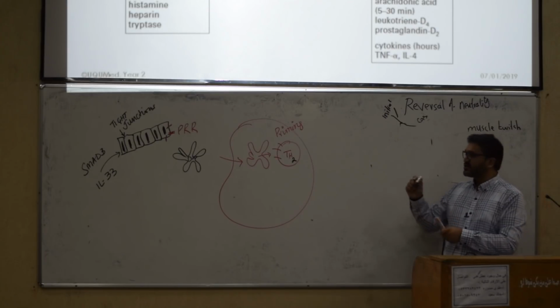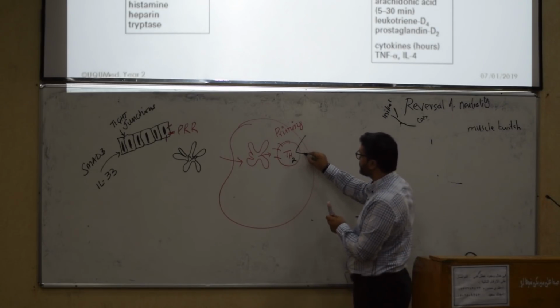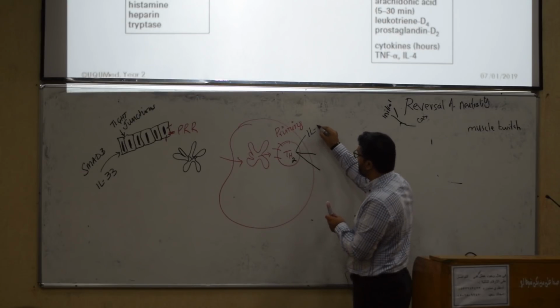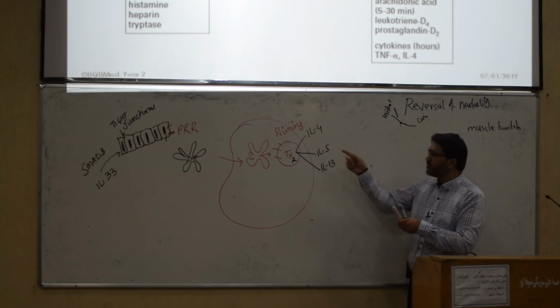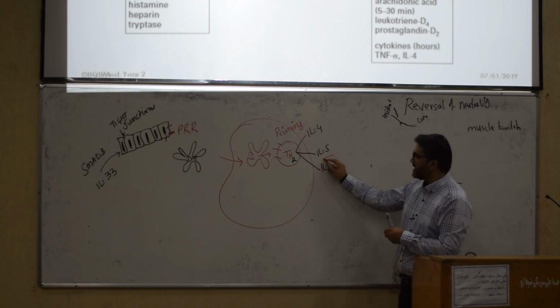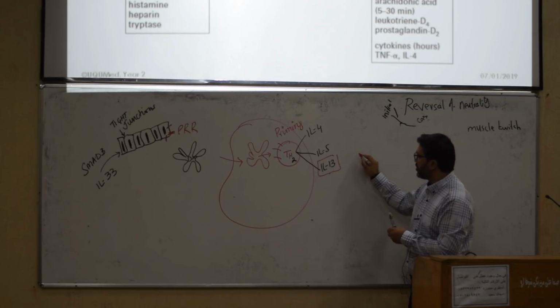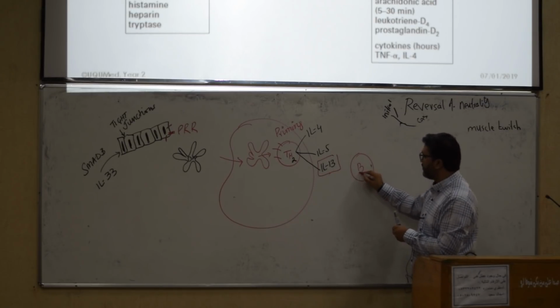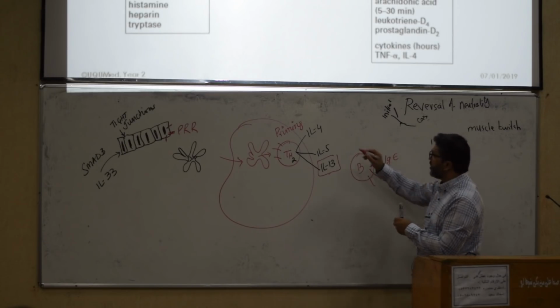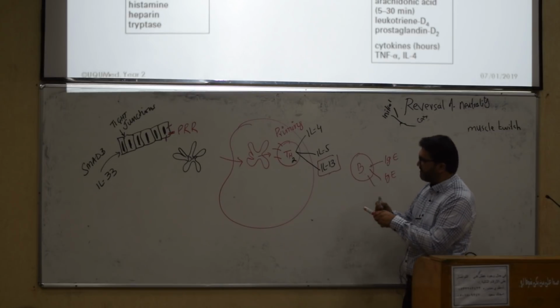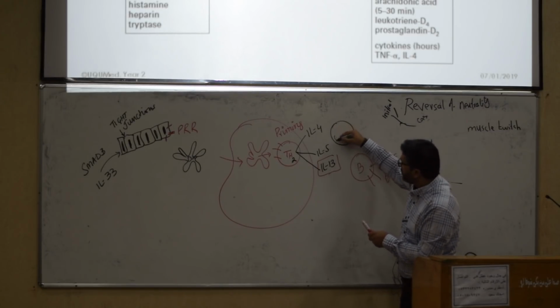So if this Th2 is polarized, which cytokines is it going to produce? Very good. IL-4, IL-5, IL-13. So when these are produced, what are they going to do? For example, IL-13 is going to cause B cell switching to IgE, while IL-4 and IL-5 cause eosinophils.